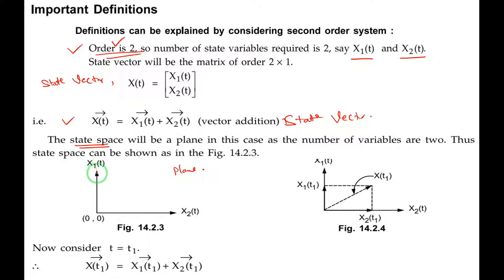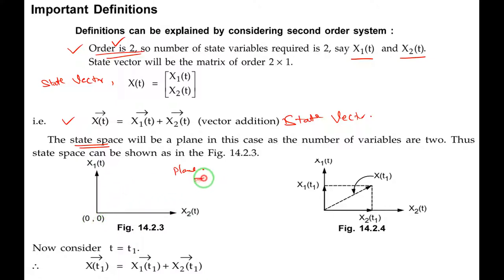Only two axes are there because it is a second order system. You imagine the complexity: if it is an n order system, how many coordinate axes will be there? N coordinate axes, right? So I cannot imagine that. For second order system, right now I can understand. This is x1 axis and this is x2 axis and this is the origin 0, 0.